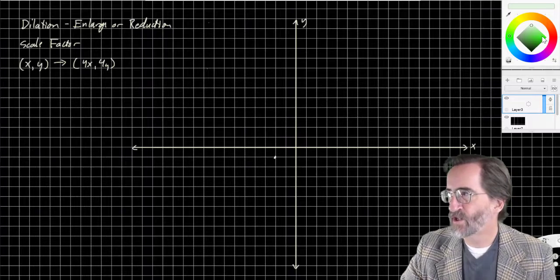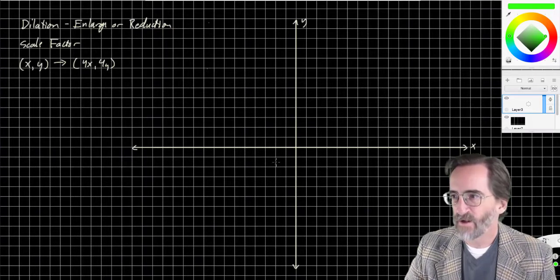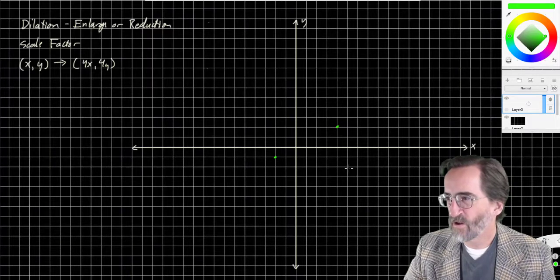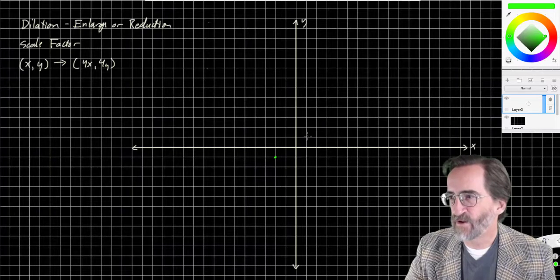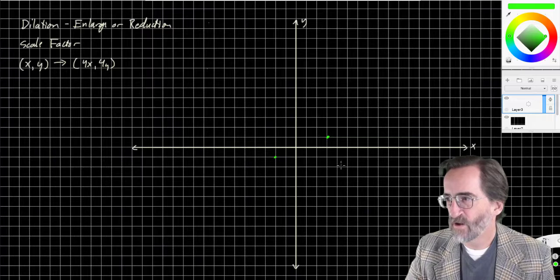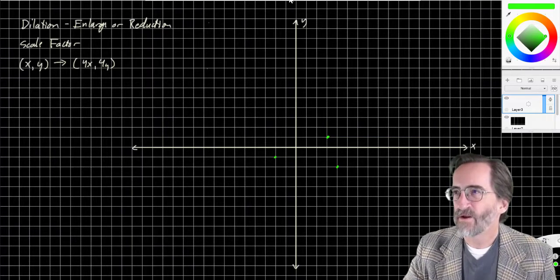I'm going to put a triangle. It can be any shape. Like so. Okay. And actually, if I'm going to do a scale factor of 4, I better make the numbers a little smaller. Let's go there. All right.